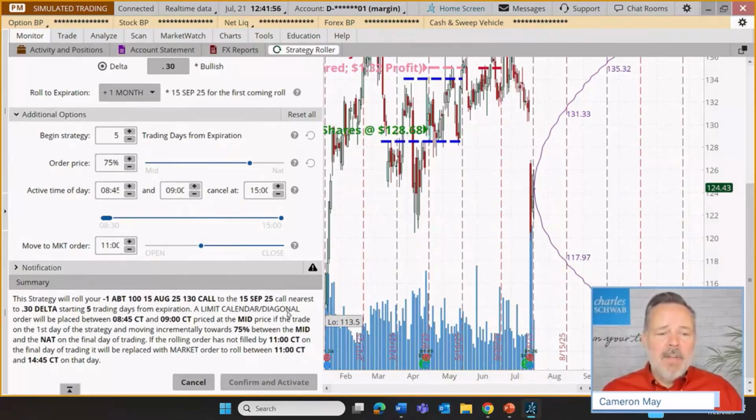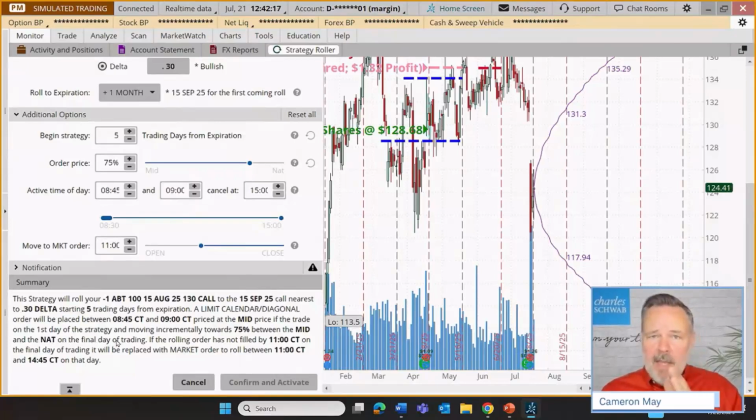A limit calendar/diagonal order will be placed between these minutes, Central Time, priced at the mid price of the trade on the first day of the strategy, and moving incrementally towards 75% between the mid price and the natural on the final day of trading.